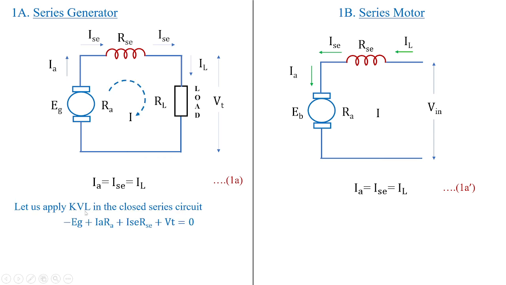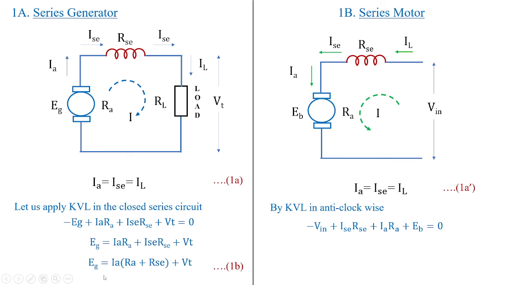Then let us apply KVL in the closed series circuit as shown in this figure. You can see minus EG plus IA RA, the drop across the armature, plus ISC RSC, the drop across the series field winding, plus the terminal voltage is equal to 0. Applying KVL in the anti-clockwise direction, I get minus V in plus ISC RSC plus IA RA plus EB equal to 0.